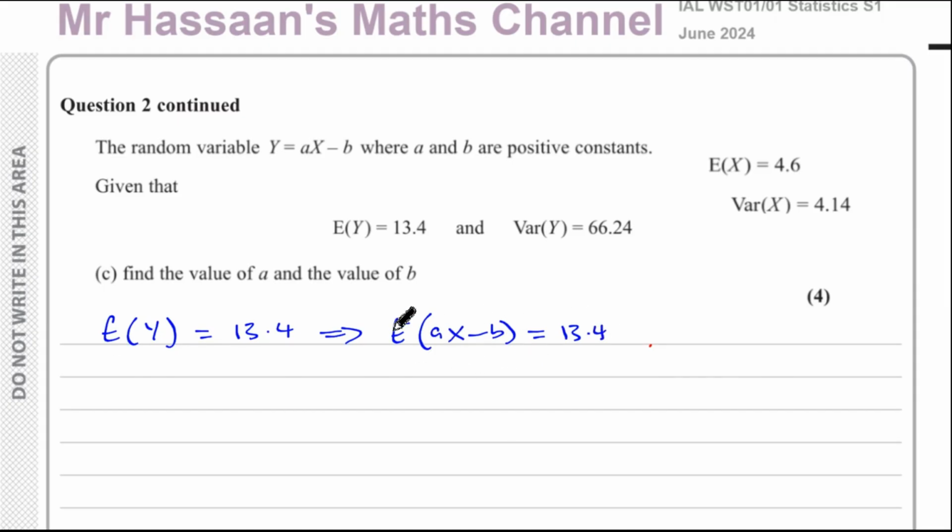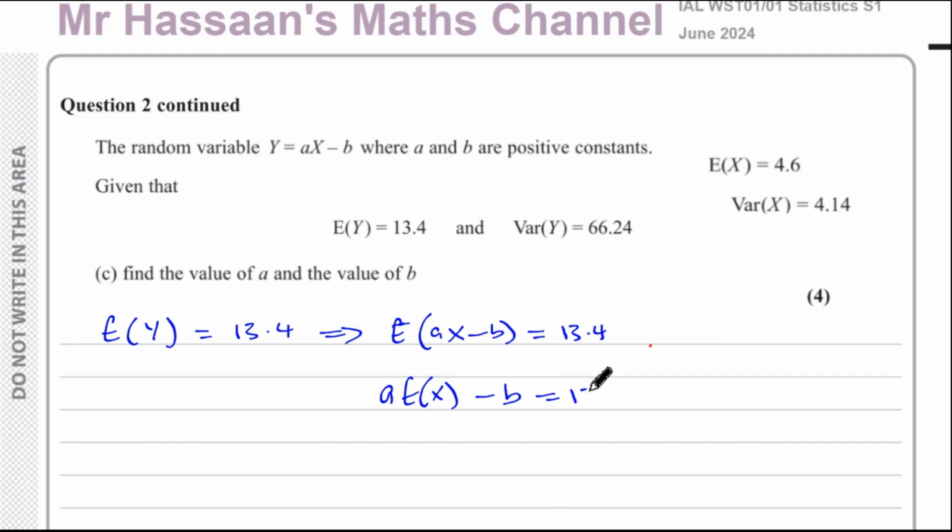Now, if you multiply each of the X values by a, and subtract b from that, it's the same thing as taking the mean, multiplying it by a, and taking away b from the mean, because both the multiplication and the subtraction affect the mean.